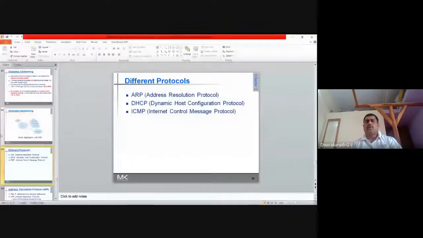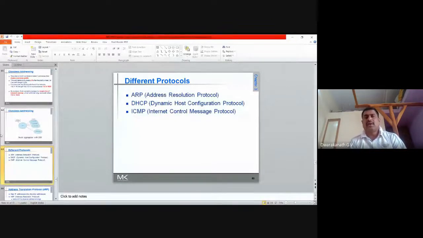After this, now we'll come to the next concept, that is different protocols which will be there with the IP protocol. To support the IP protocol, different other protocols will also be there.